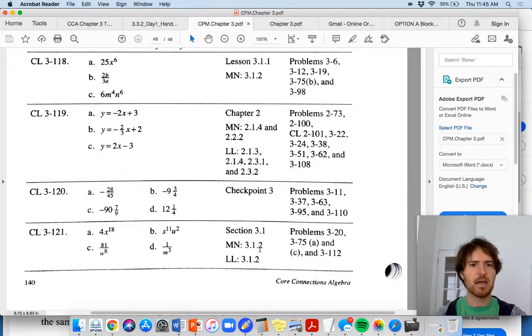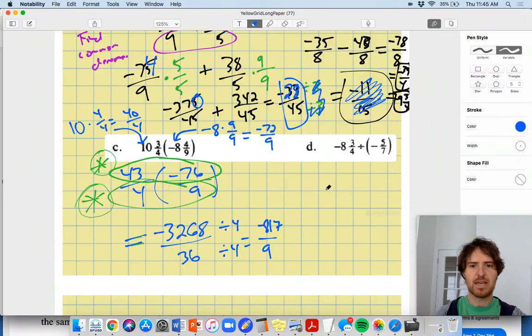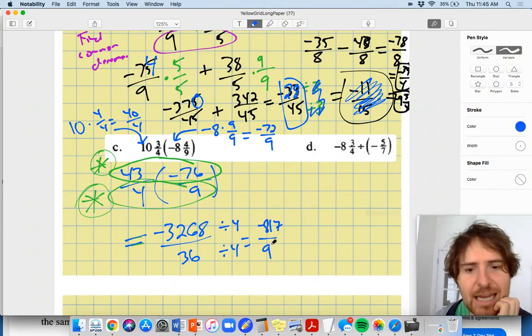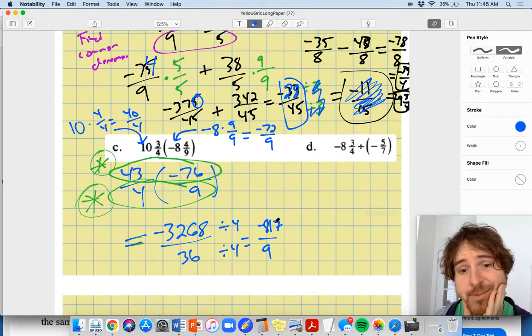And let's check on my answer, negative 90 and 7/9. Well, let's check here. 9 would go into it about 90 times. Yeah, 81, right? 81 would be 9 times 9. So 90 times would bring me to 810. And then I'd have 7 left over.